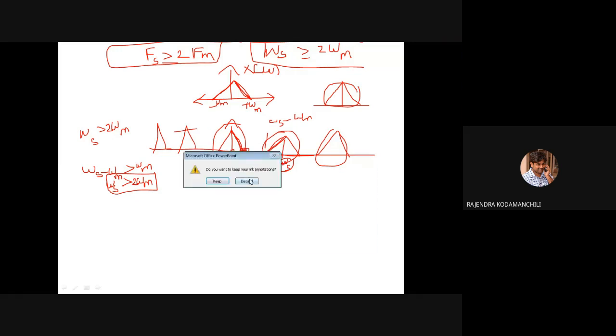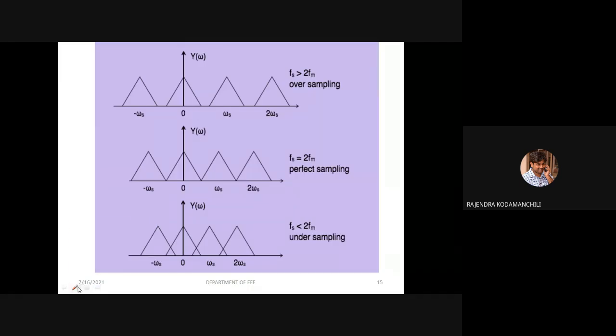Once again, I try to tell you, because without a proper idea the problem goes entirely wrong. Here, whatever the signal is, it spans from minus omega m to plus omega m. From zero onwards it decreases, then increases, one period, and that is called omega s.